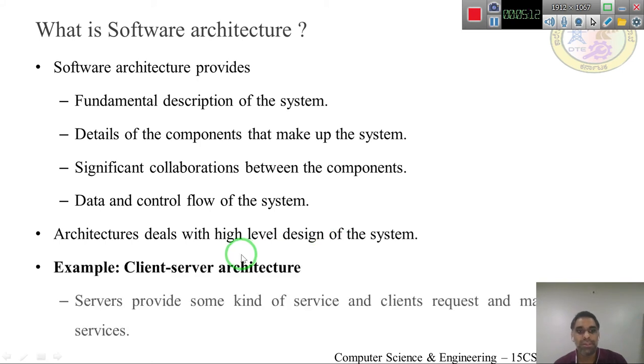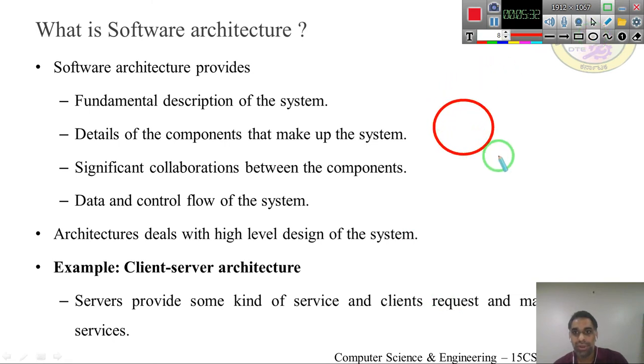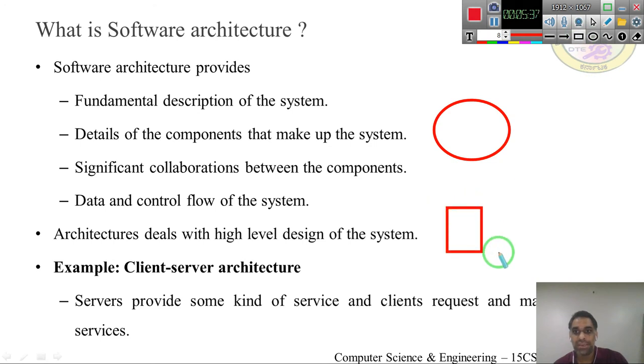An example would be client server architecture. In this architecture, the server provides some kind of services and the client requests and makes use of those services provided by the server. So there is a server, and you have one client.